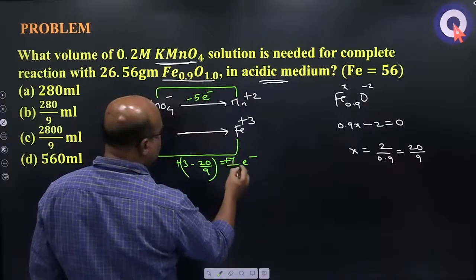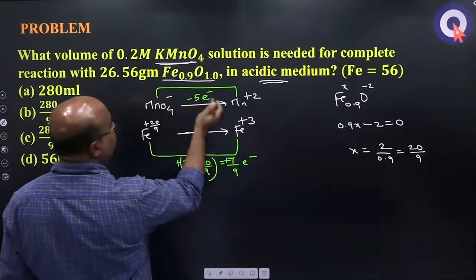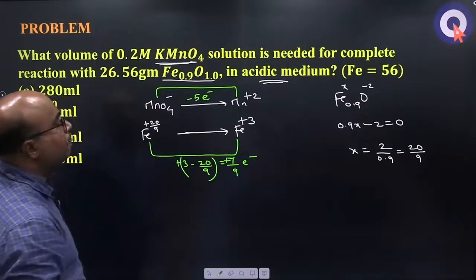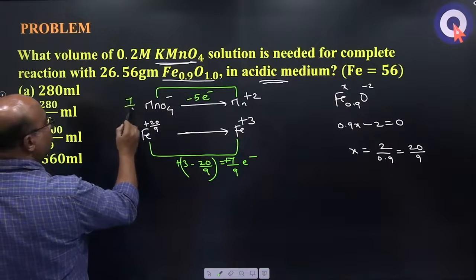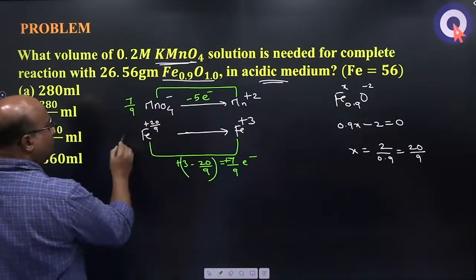So 7 by 9 electrons are lost here, and 5 electrons gained there. So how many moles of this have to react? 7 by 9 moles of this and 5 moles of that.